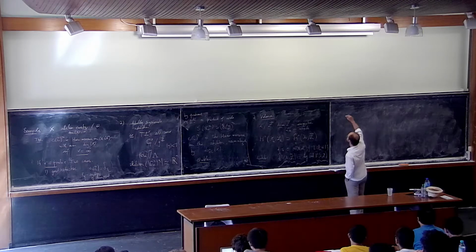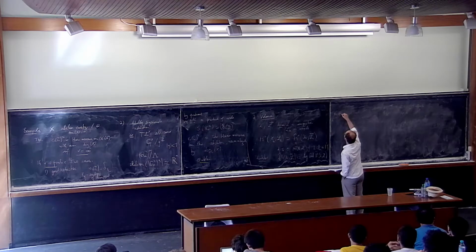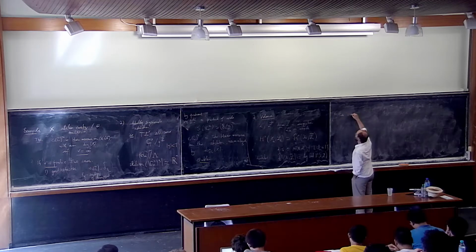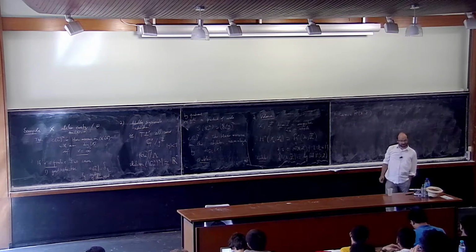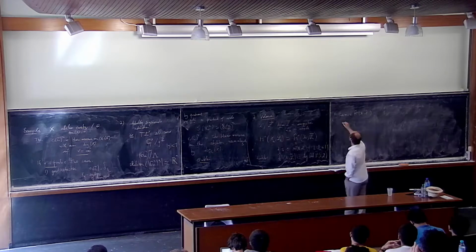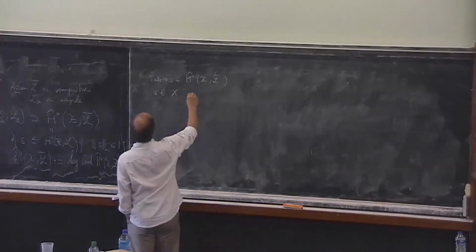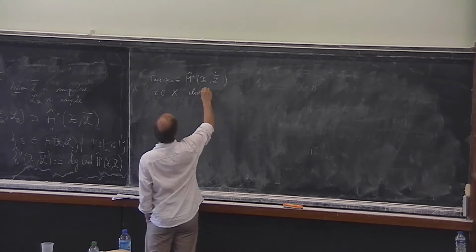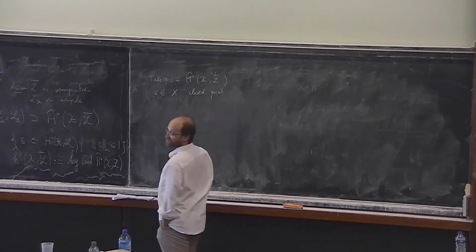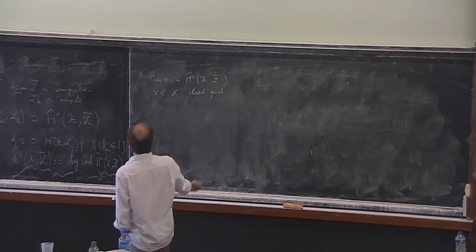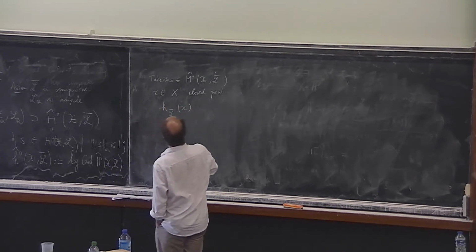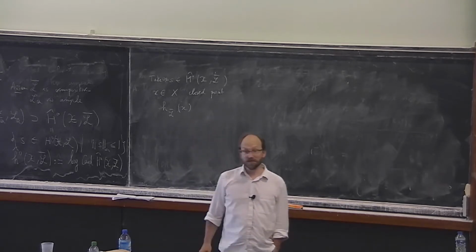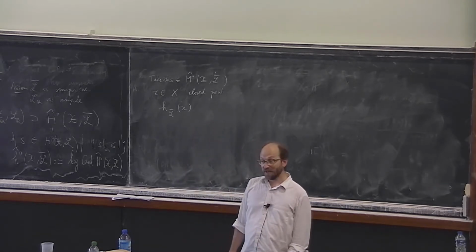Now imagine you take s non-zero in H^0 hat of (X, L bar), and take a point x in X, a closed point. And we can compute the height of x with respect to the line bundle L bar.